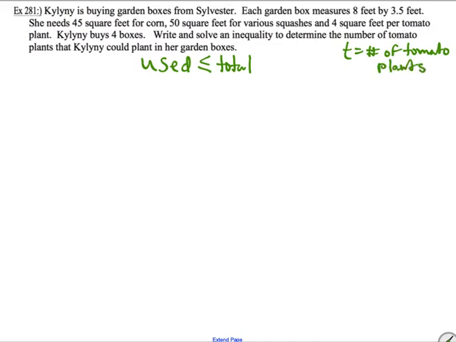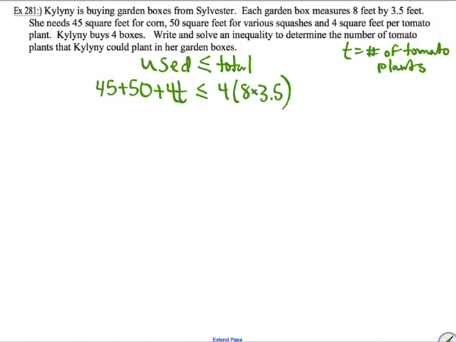Okay, now that's all set up and good to go. What she uses? Well, she's going to use 45 square feet for corn, 50 square feet for squash, and 4 square feet times the number of tomato plants, so 4T, and that needs to be less than her total. She has 4 garden boxes, each of which are 8 by 3.5.